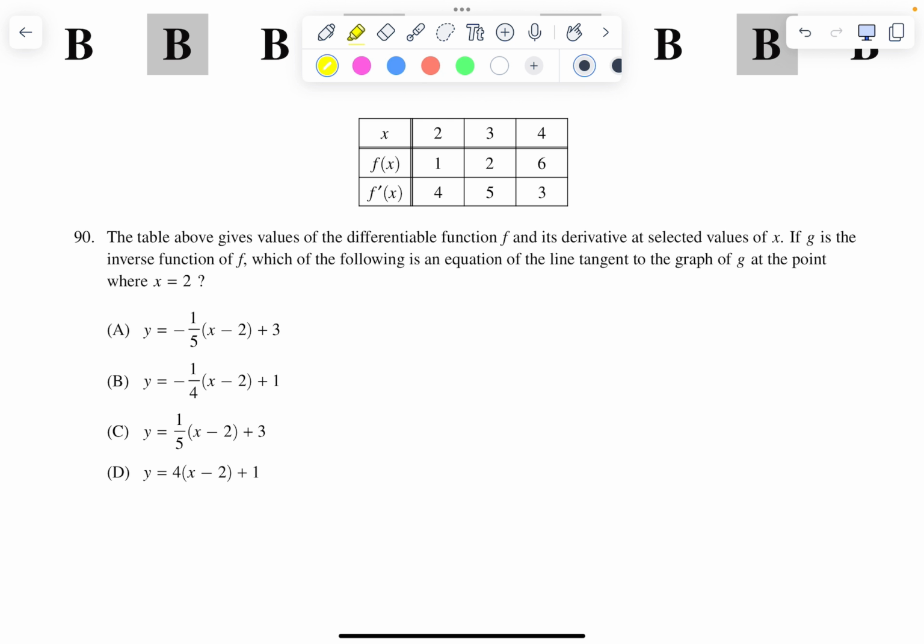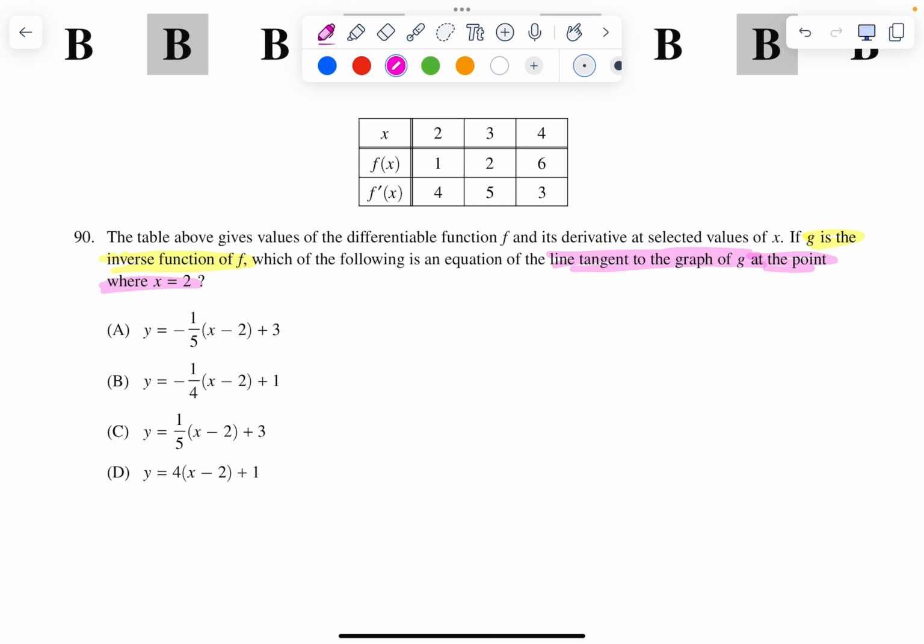If g is the inverse function of f, which of the following is an equation of the line tangent to the graph of g at the point where x is equal to 2? Let's highlight: g is the inverse function of f. Hopefully y'all remember the inverse formula. And then write the equation of a line tangent to the graph of g. They also gave us a point where x equals 2.